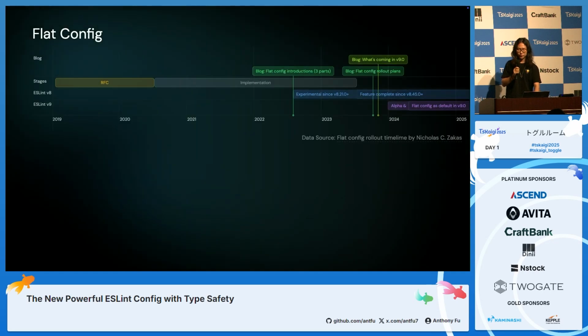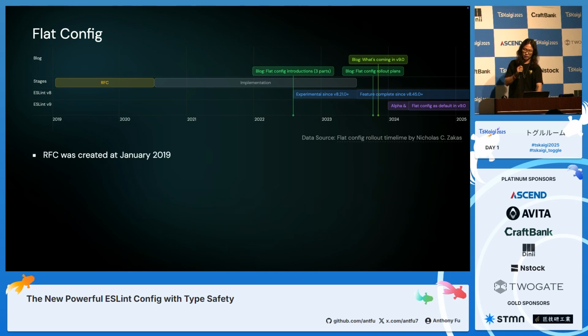For a little more context, here is a graph I drew to demonstrate the timeline. While flat config might sound quite new to some of you, it had actually been planned for 5 years before it was rolled out. The first RFC was created in January 2019, and the first implementation became available in v8.21 as experimental, which was already 3 years ago.